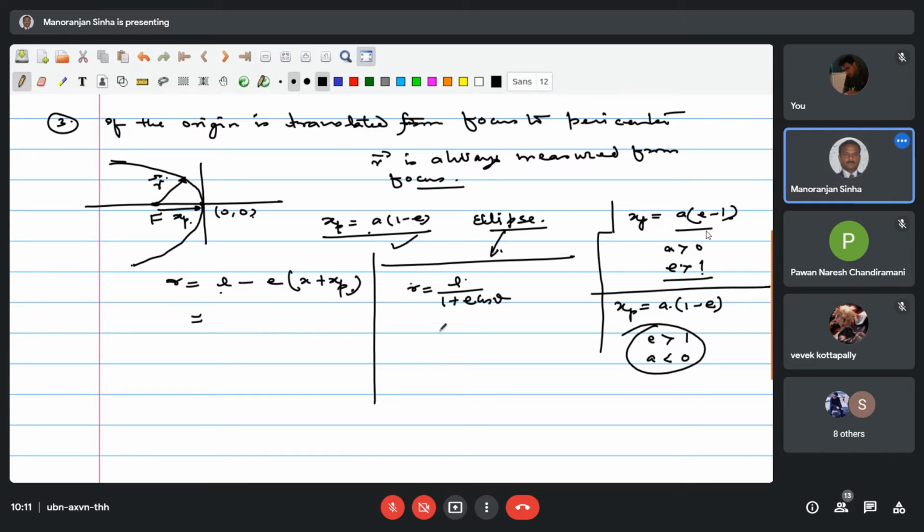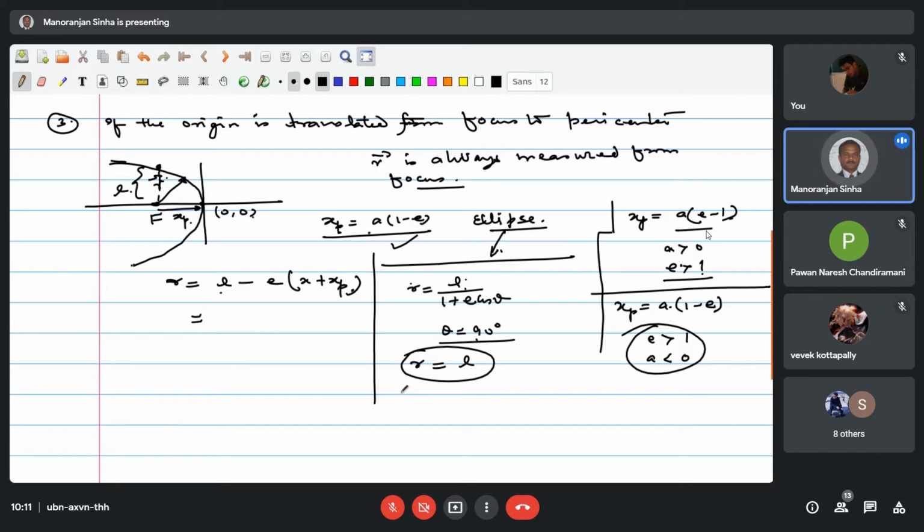And l is the point where theta equal to 90 degrees. So r equal to the corresponding value of l, you can see from this graph. This quantity is l, and these are connected together.